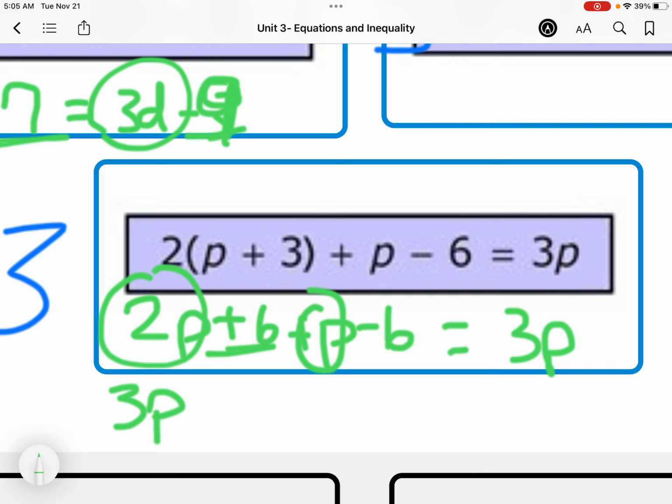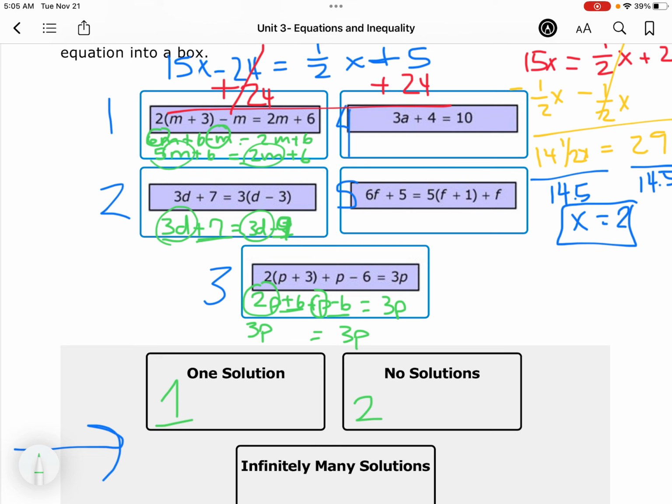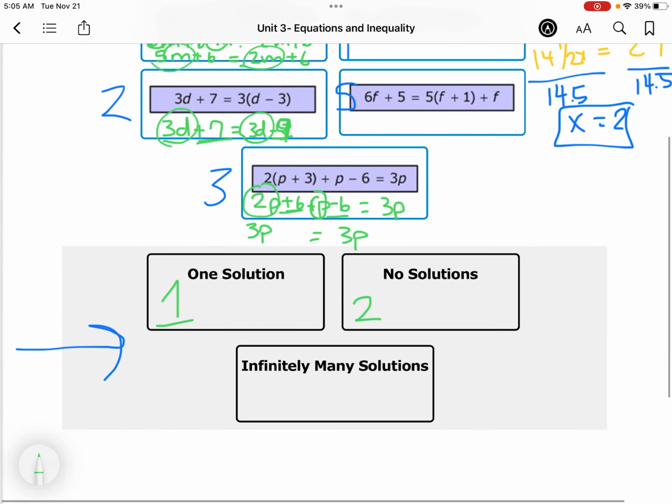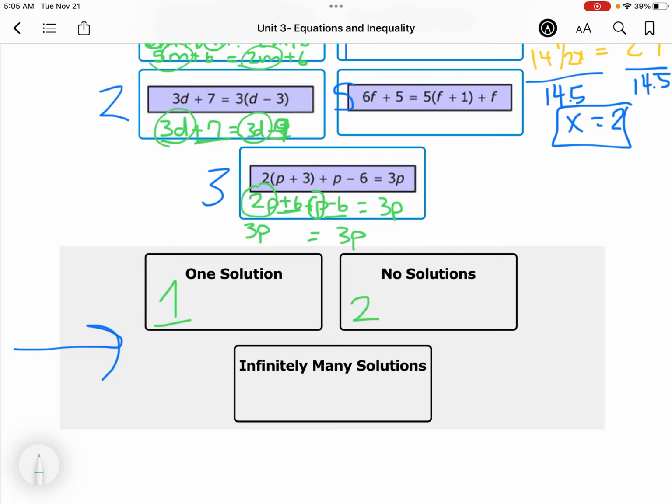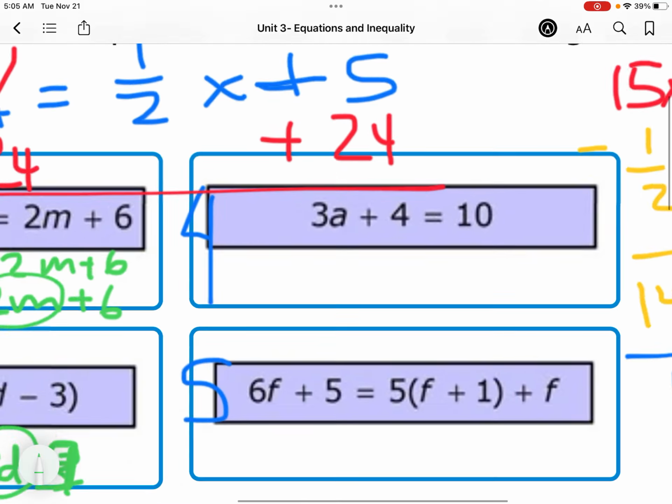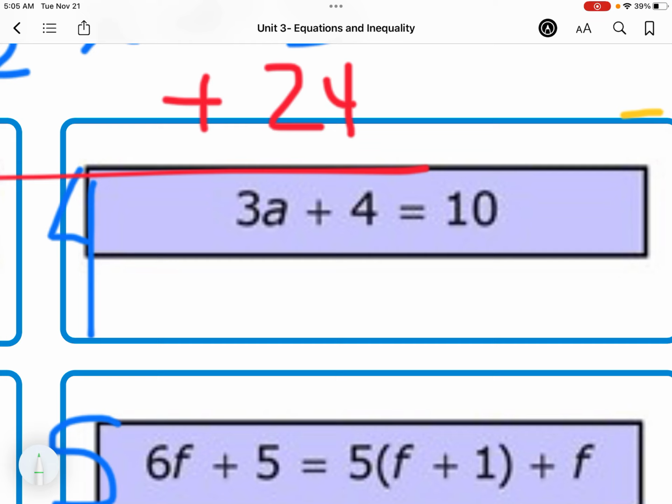And then these cancel, so you're left with... So these are equal. So that means they have infinitely many solutions because they're equivalent. They're exactly the same. This one, they're not the same on each side. That means they have one solution.